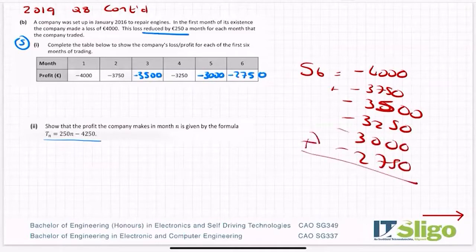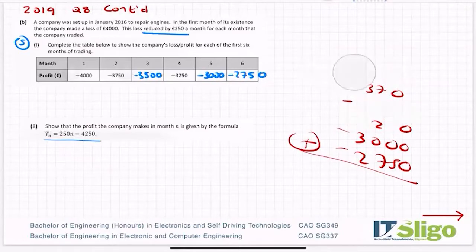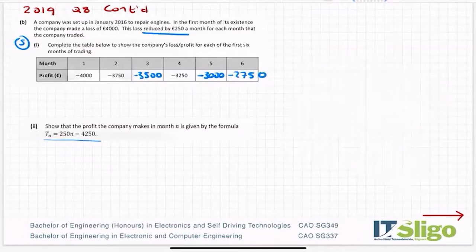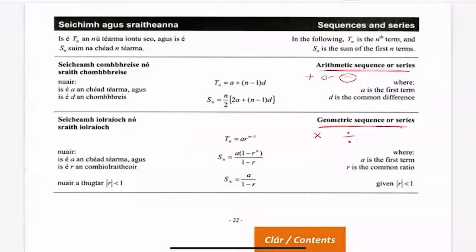They're all minus figures and I'm adding them all up. Sum always means to add up. Again, if I asked you to sum up the first 100 terms, you can see how painful that would be to do manually, but you can develop a formula for Sn, the sum of the first n terms, and then you can do it quite easily.